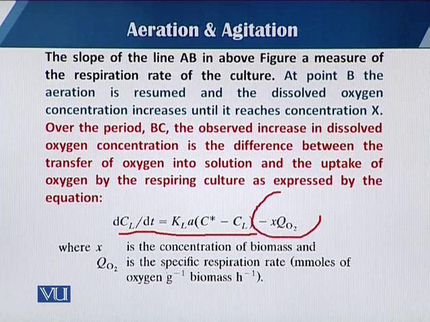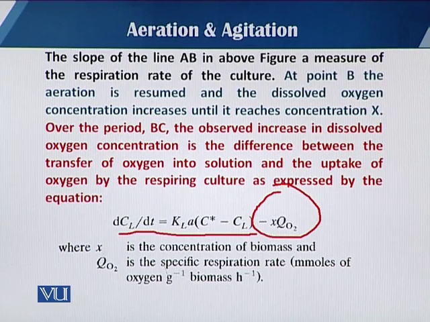The only variation is denoted by X QO2, which is the utilization, because during this process some oxygen is utilized by the cells. So this is the specific respiration rate of the cells present in that culture.